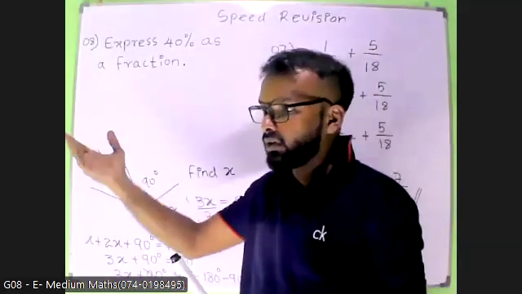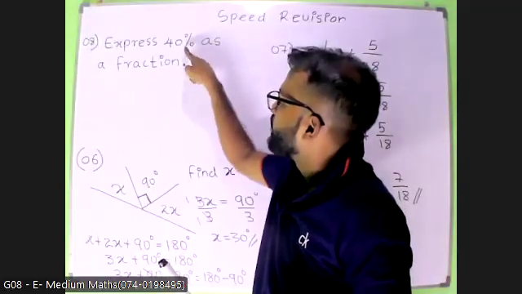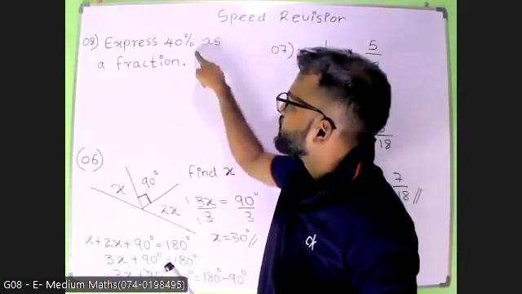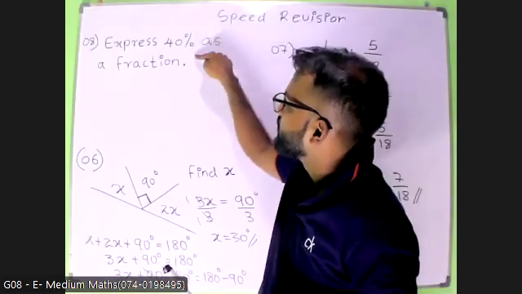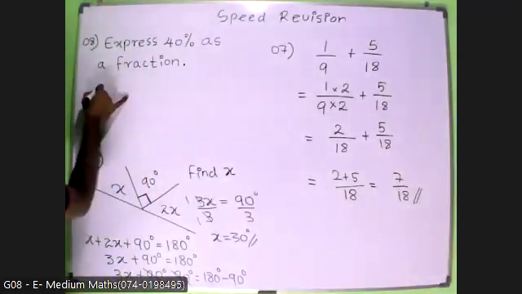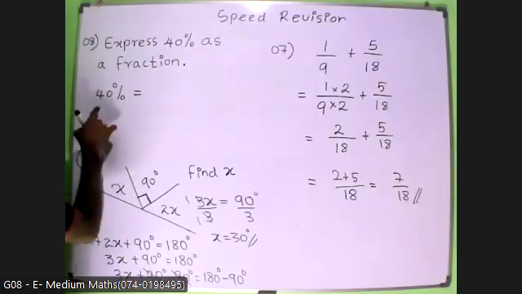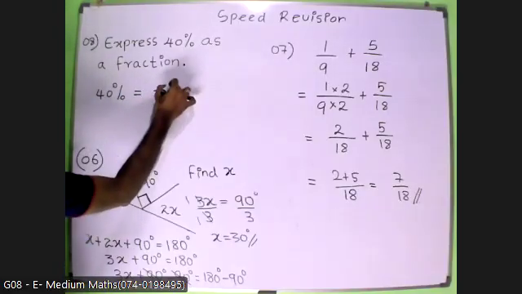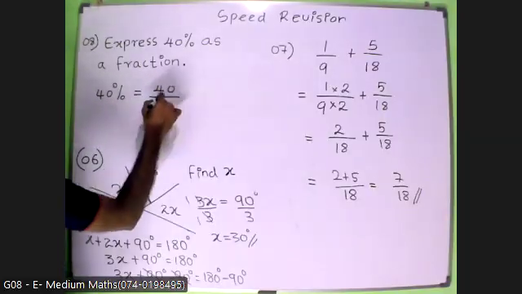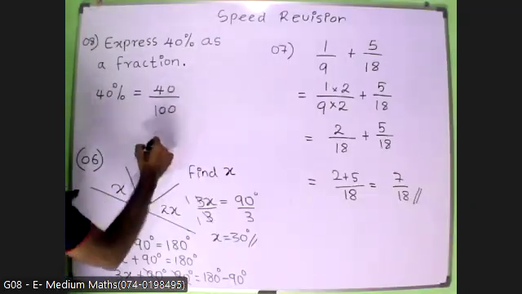Percent means per 100. So 1, 0, 0. Right? So how do you represent 40% as a fraction? Numerator should be 40. Denominator should be 100.